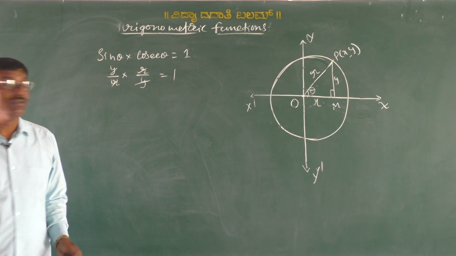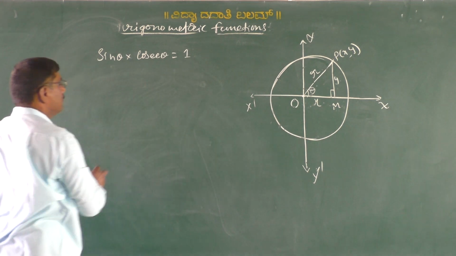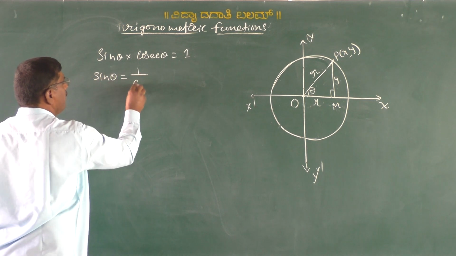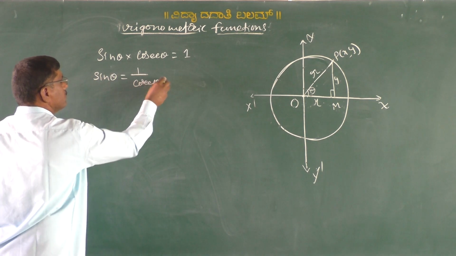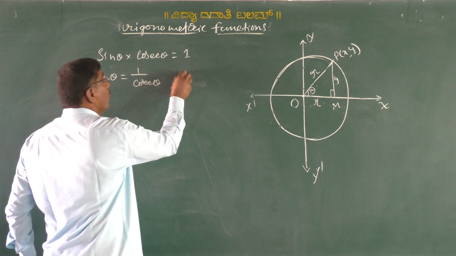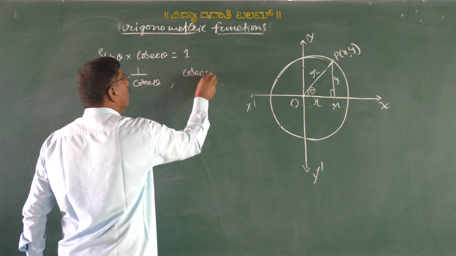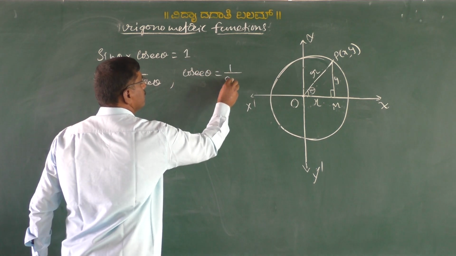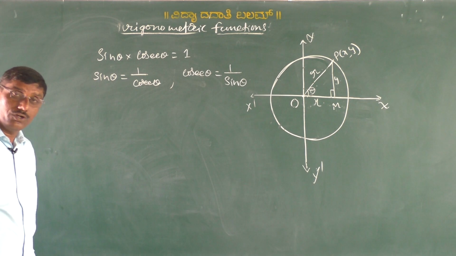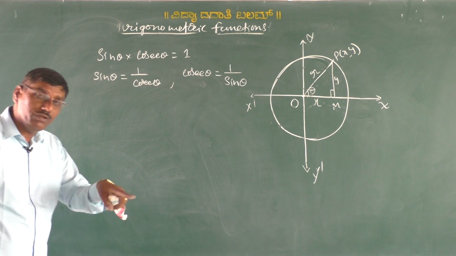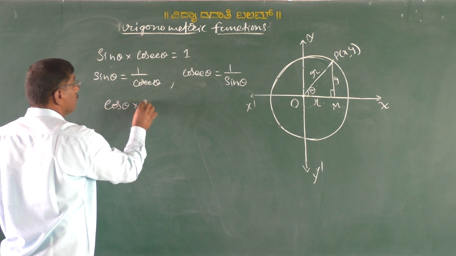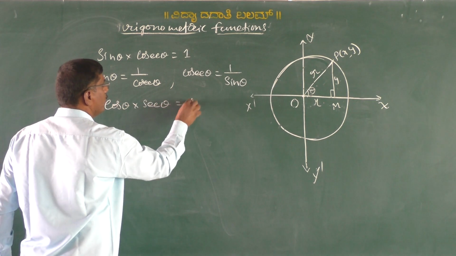From this, we can write sin theta is equal to 1 by cosecant theta, and cosecant theta is equal to 1 by sin theta. Are you understood? Similarly, we can write cos theta into secant theta is equal to 1.